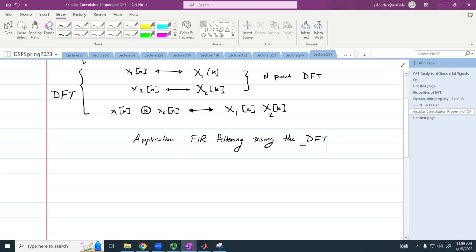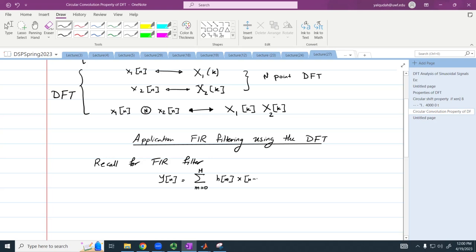So what we're going to do here, for an FIR filter, the output y of n of the filter is going to equal the summation from m equals 0 to M of h of m x of n minus m. What is this equal to?